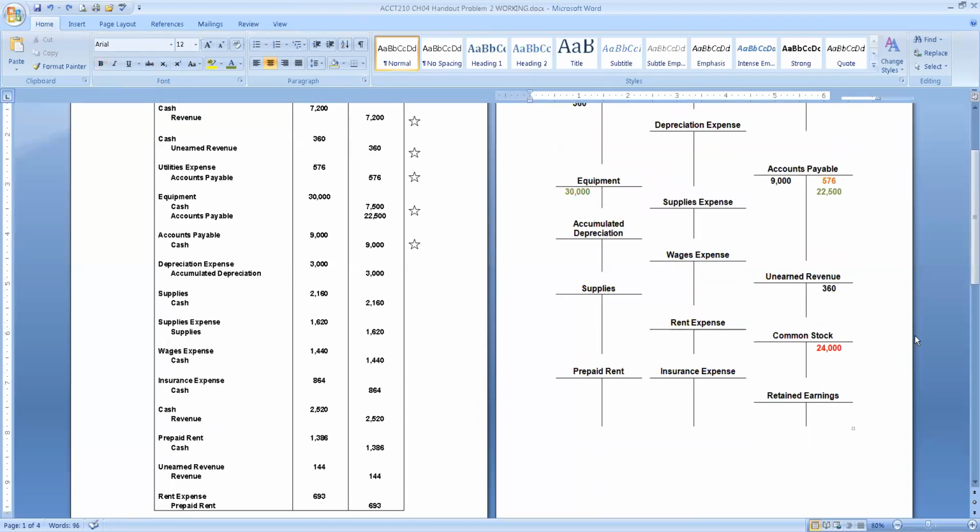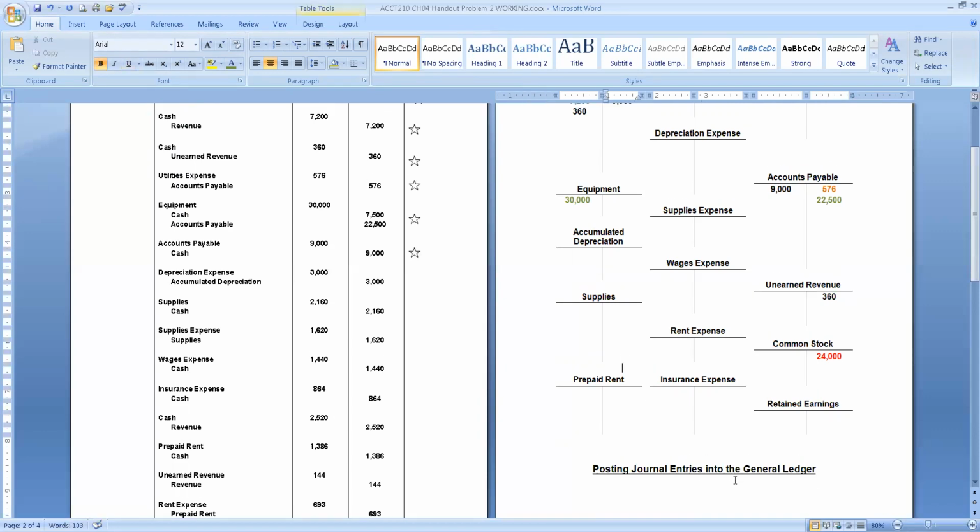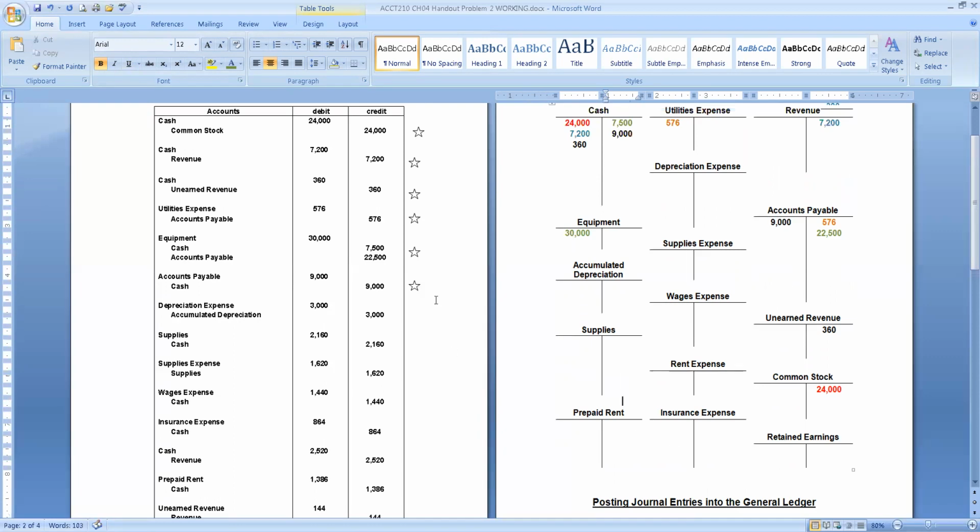I'll write it down here. So they call this posting the journal entries into the general ledger. Okay, 9,000, we got that.